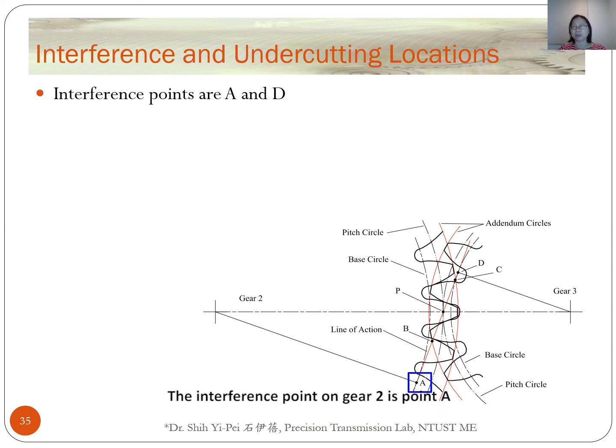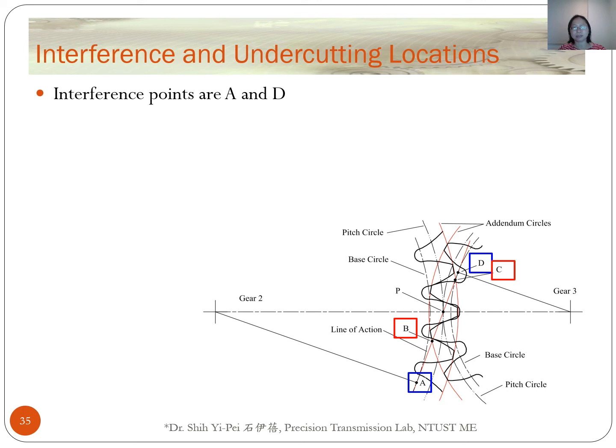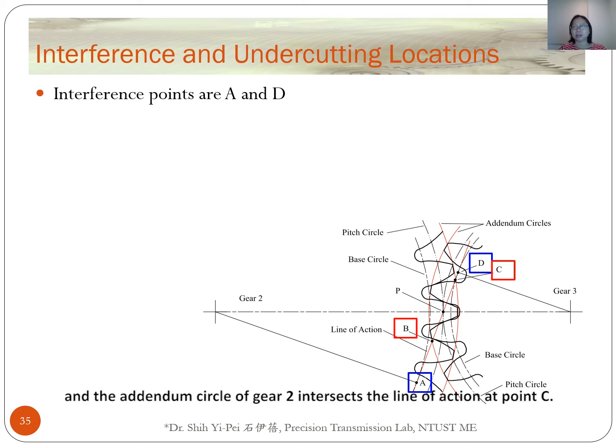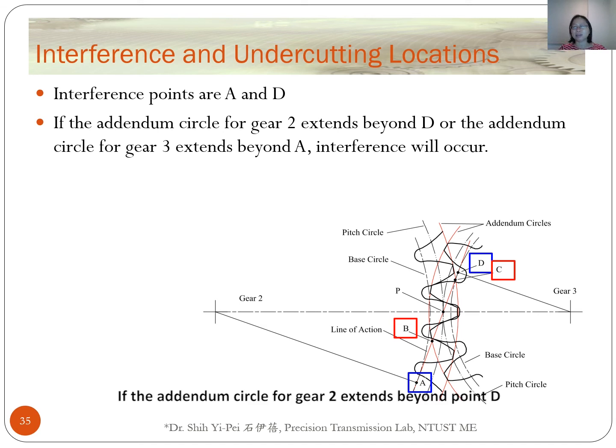The interference point on gear 2 is point A, and the interference point on gear 3 is point D. The addendum circle of gear 3 intersects the line of action at point B, and the addendum circle of gear 2 intersects the line of action at point C. If the addendum circle for gear 2 extends beyond point D, or the addendum circle for gear 3 extends beyond point A, interference will occur.